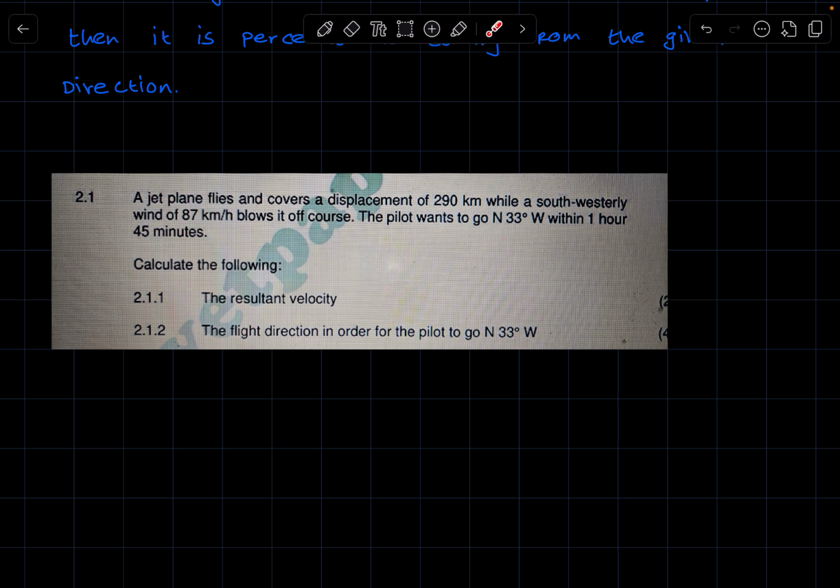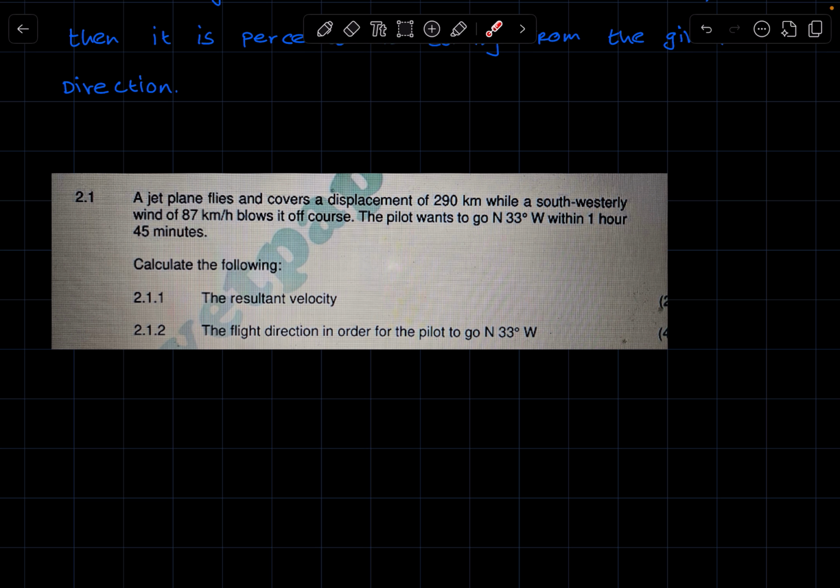Now, if you look at how the wind direction is given, they neither said it is coming from a southwesterly direction, neither did they say that it is going in a southwesterly direction. That is what I mean by ambiguous.